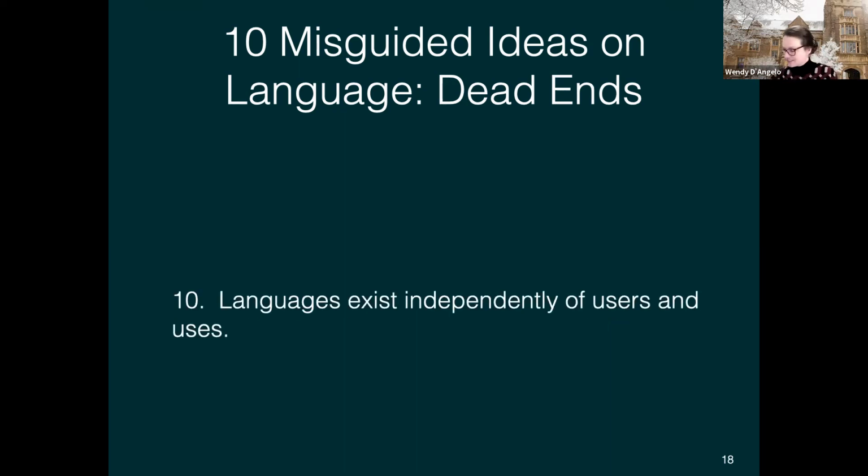And then the very last one is that languages exist independently of users and uses, right? Do you ever recall learning about a language called Esperanto? Maybe some of you have heard of it. So Esperanto was, when I say artificial language, I don't mean it was an artificial computer language.